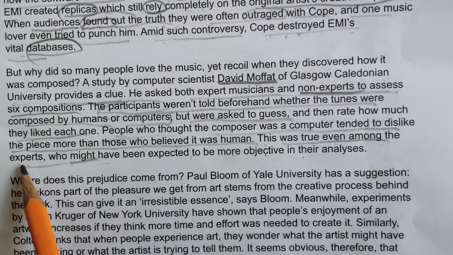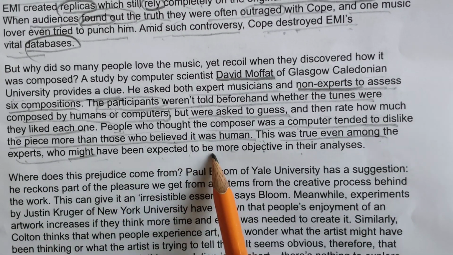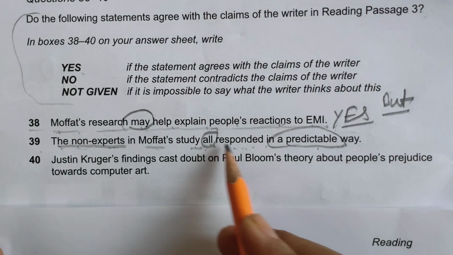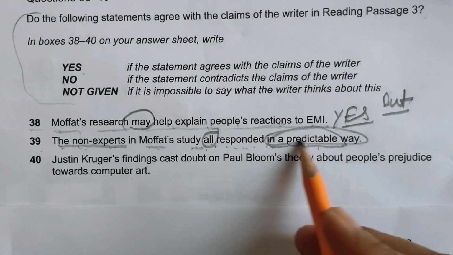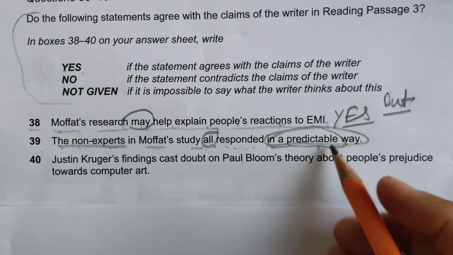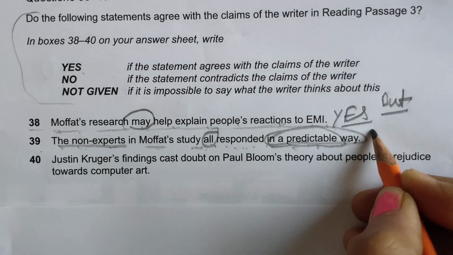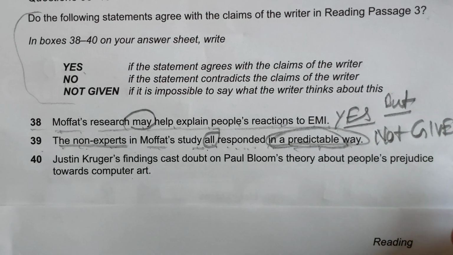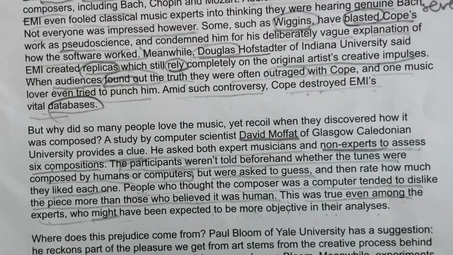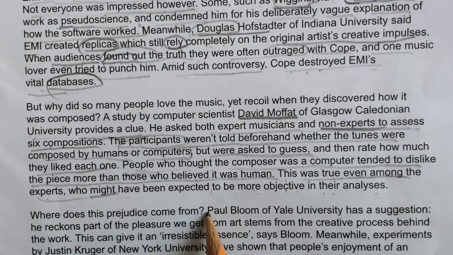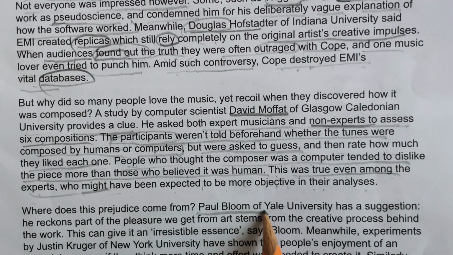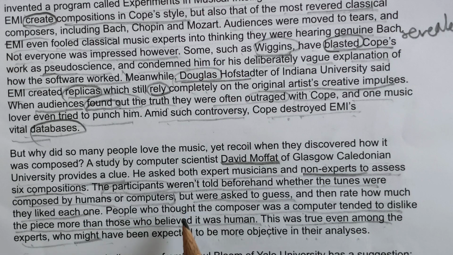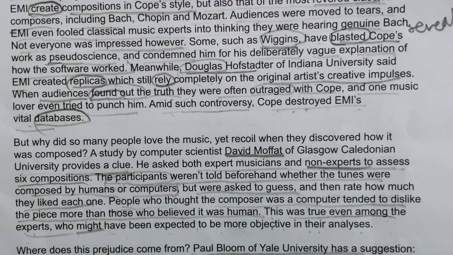This was even true among the experts who might have been expected to be more objective in their analysis. But it is not given that they all responded in a predictable way. So I think it is not given. I have not found the proper sentence in this paragraph, and in the next passage they are talking about something different. So we couldn't find the answer from here to here. It means this is not given.